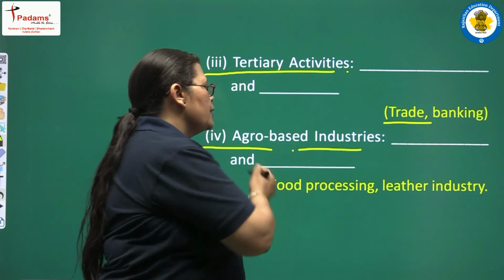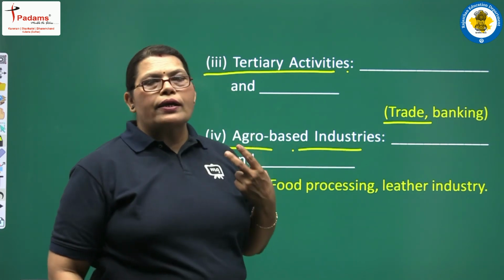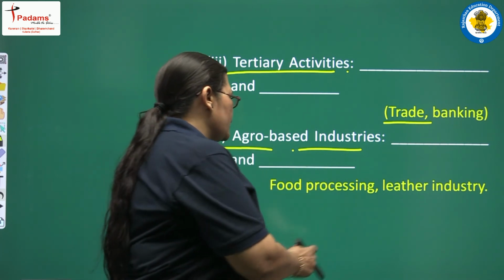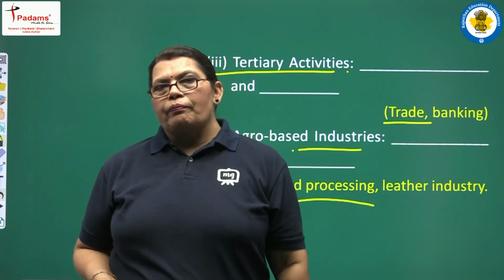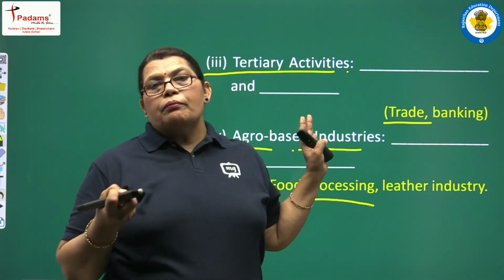Agro-based industries. Two industries based on the agro-based. So we have two examples for this one. The first one is the food processing, and food processing is based on the activities done by the plants.